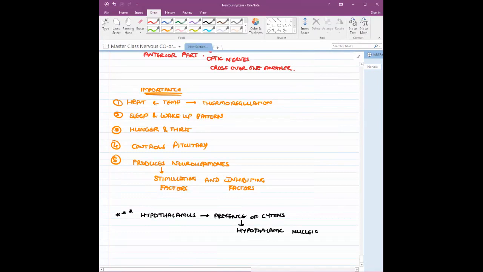When we talk about its action, always remember that the hypothalamus is the mediator between the nervous system and the endocrine system.